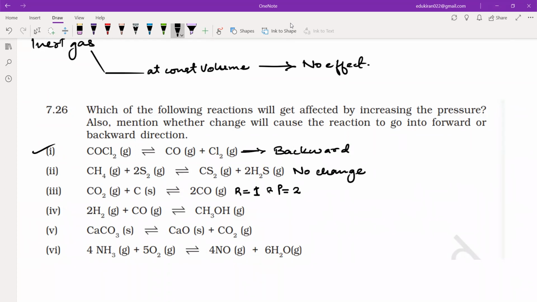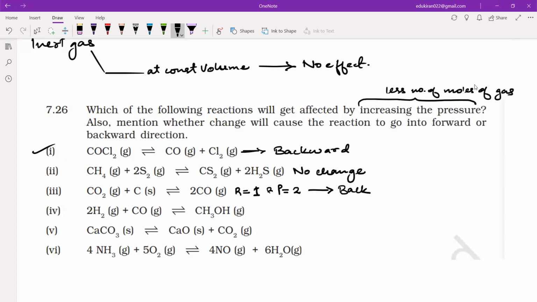So there will be a change. Now tell me, which side, less moles or more moles? Increasing the pressure, obviously it goes towards the lesser number of moles of gas. So forward or backward? Backward.